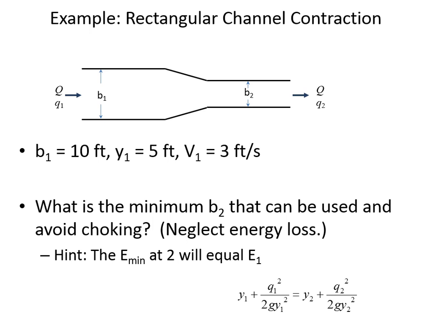What can we get away with as a minimum B2? And so the trick here is going to be that we assume that it's critical conditions. So you'll have the critical flow at 2. Like I said, feel free to collaborate with your classmates. Try and find out what is the minimum width, B2, that could be used to avoid choking.